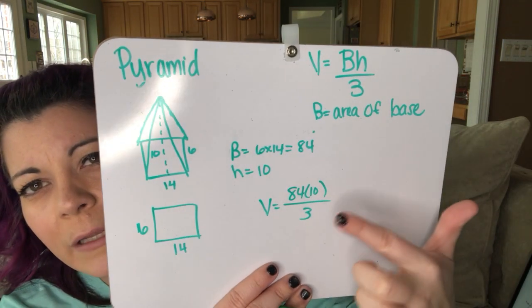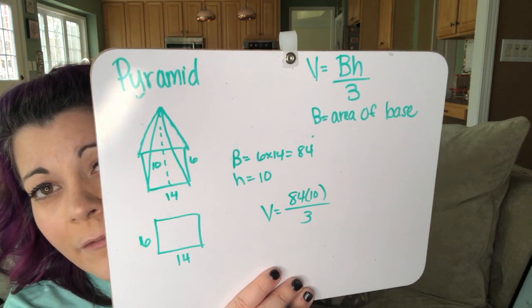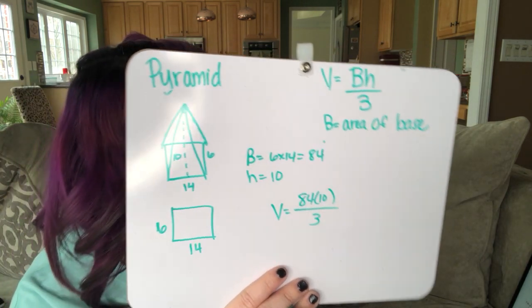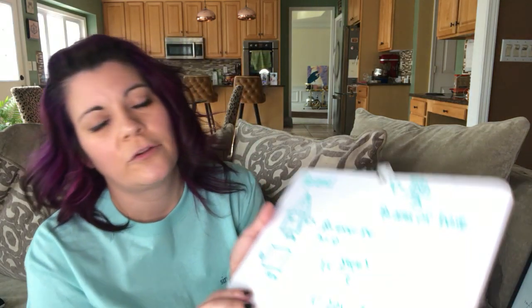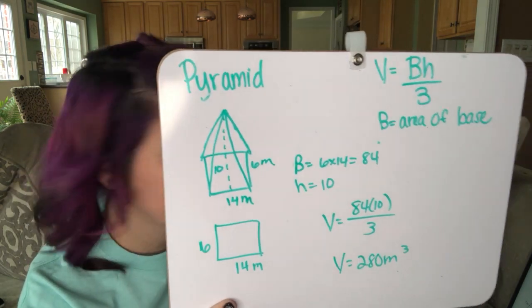Big B is 84 times the height, which is 10, and then all divided by 3. We have everything plugged in, big B, little h, all divided by 3. 84 times 10, and then divide it by 3, and you get 280 meters cubed. 280 meters cubed is the answer.